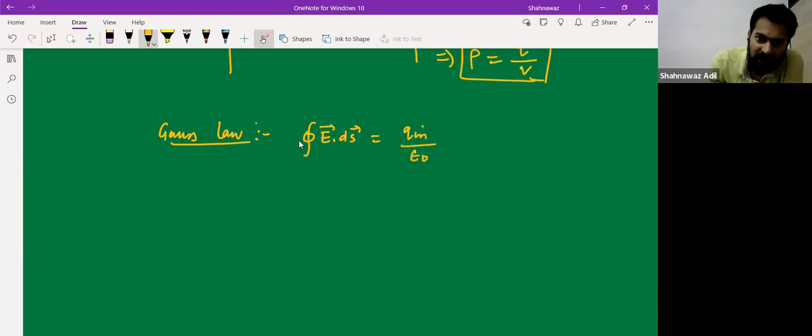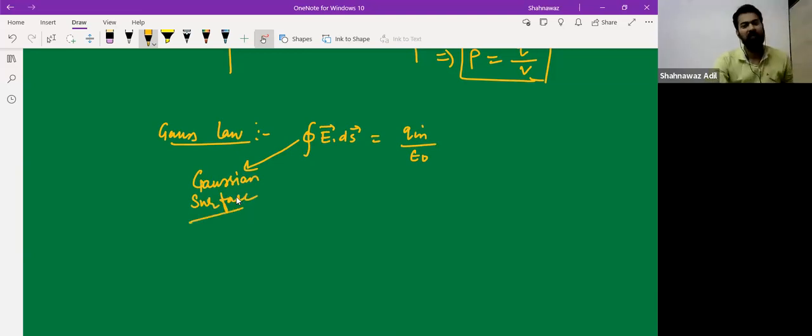This is the Gaussian surface, which we have to keep in mind. We can take it however we like. For linear charge, let's say we take a Gaussian surface like this.